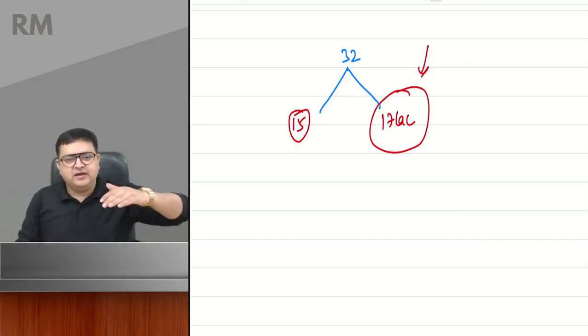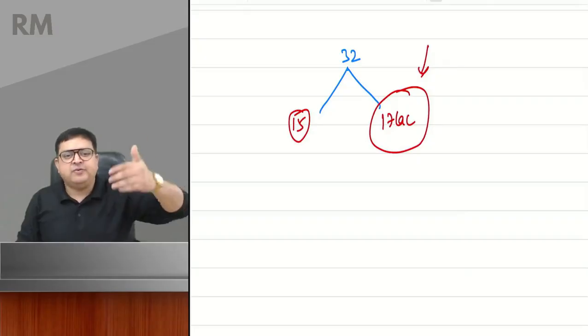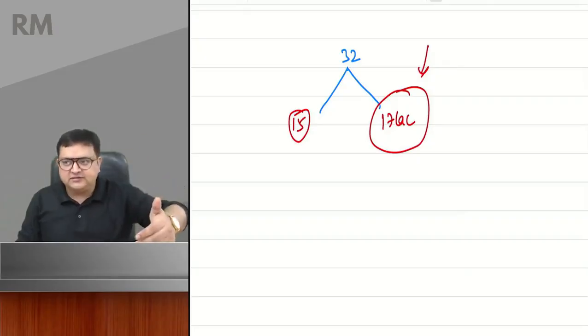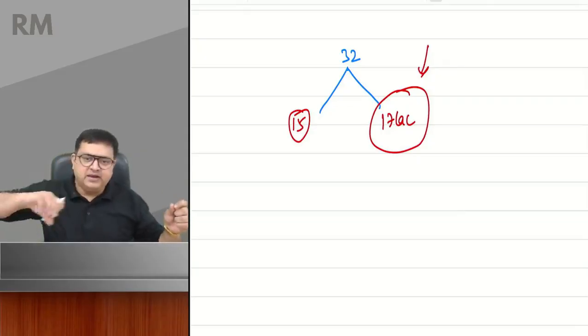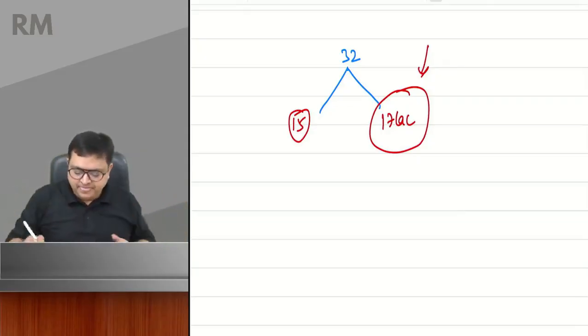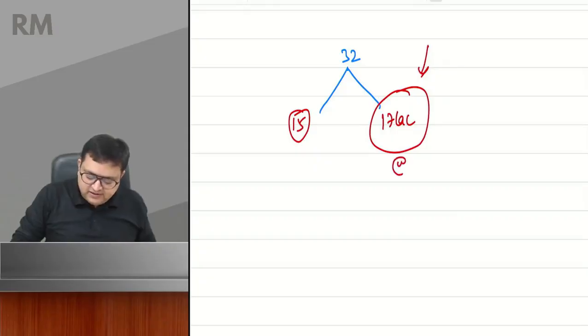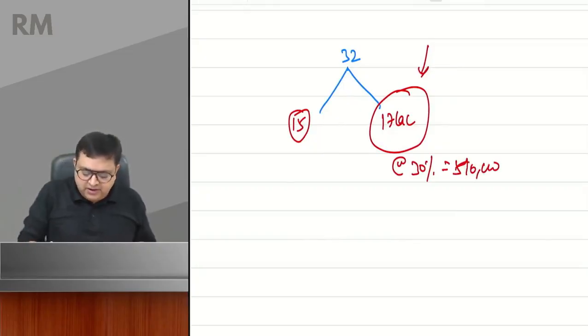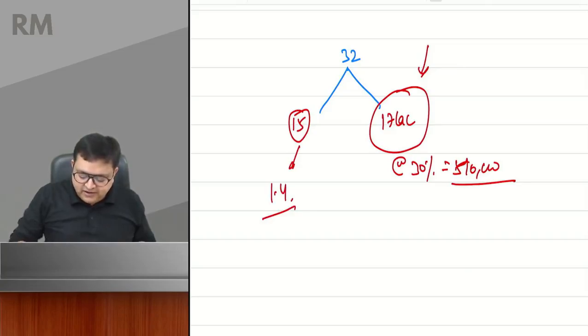If you have any income which is more than 15 lakh and you have to apply default tax rate on this, first 15, just pull it out and the remaining is 17. Now on 17, apply 30% rate, 5 lakh 10,000. Correct? And on 15 lakh, already it is 1.4 lakh. Just 510 plus 1.4 lakh, you will get 6 lakh 50,000.